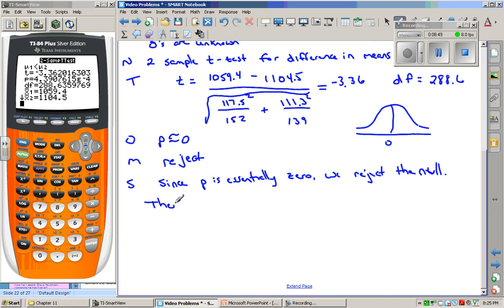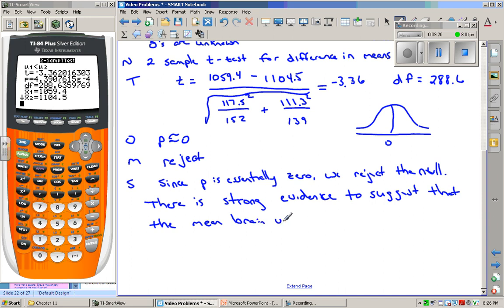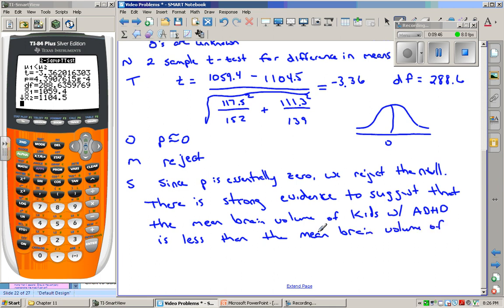There is strong evidence to suggest that the mean brain volume of kids with ADHD is less than the mean brain volume of kids without ADHD.